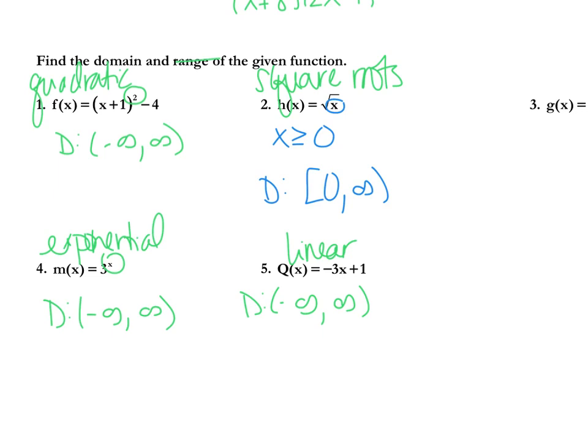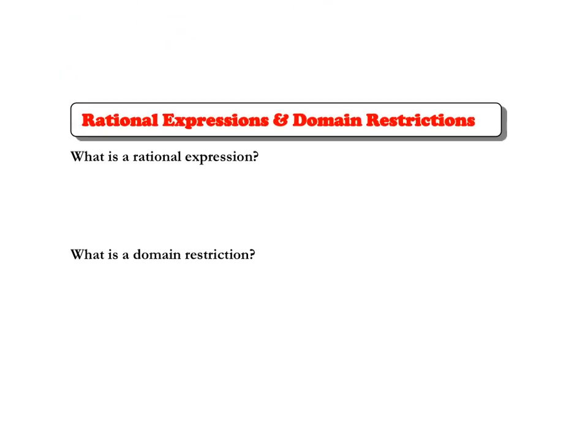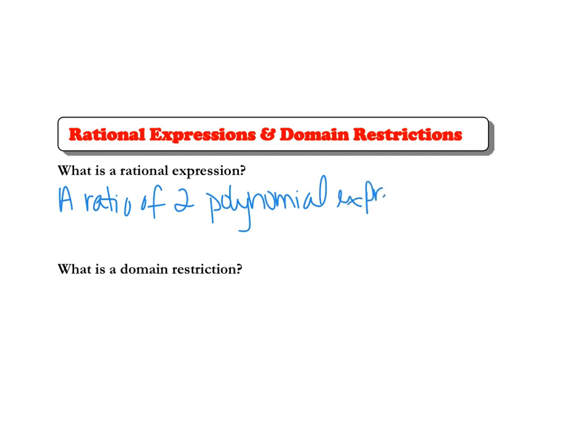Rational expressions are also going to have domain restrictions on them. The reason being is that a rational expression is a ratio of two polynomial expressions. So we're going to say p of x divided by q of x to represent two polynomial expressions.